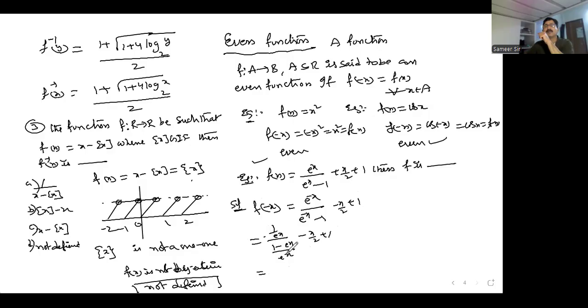In the next step, be careful. After taking LCM, I got it. Now I'm doing e to the power of x minus 1 common.